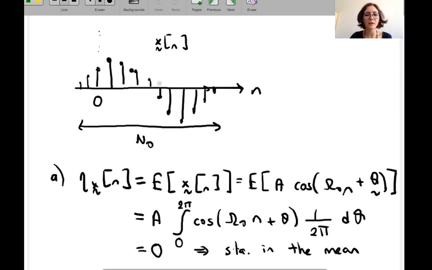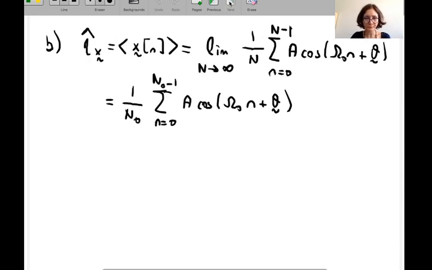The process could start anywhere, but if you're focusing on a single fixed realization, theta will just have some value and it will be fixed throughout that realization. So once we notice this, we could simply ignore this theta term. You can think of this as something fixed. You can erase this tilde sign if you feel more comfortable. This is a constant phase term since we have fixed the realization.